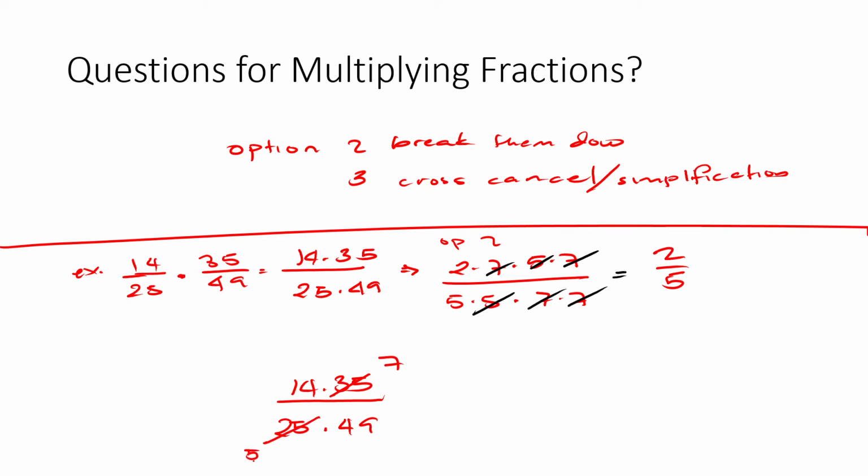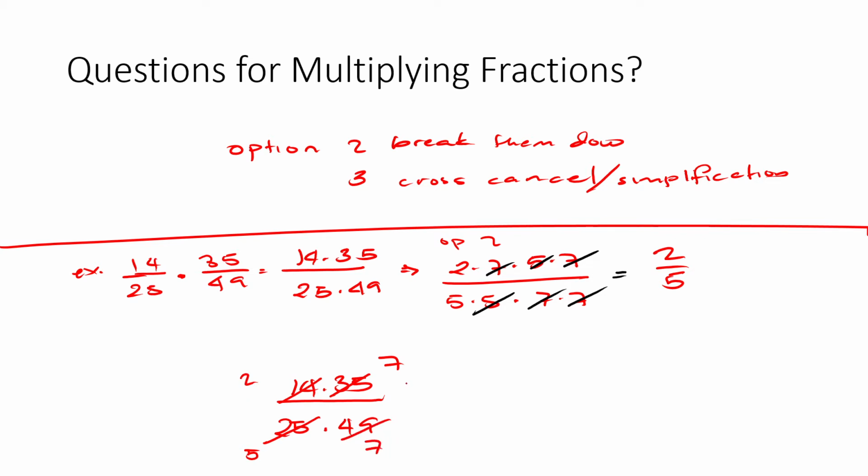So 25 became 5 and 35 becomes 7. Now you do the same process again. Here let's try 49 and 14. 14 you can divide by 7, and 49 you can divide by 7. So 14 divided by 7 is 2, and 49 divided by 7 is 7.